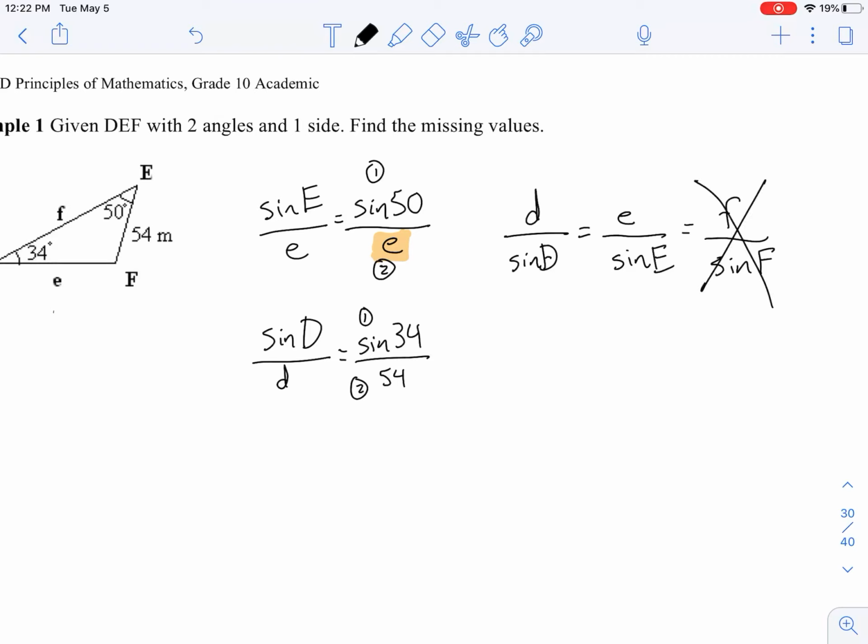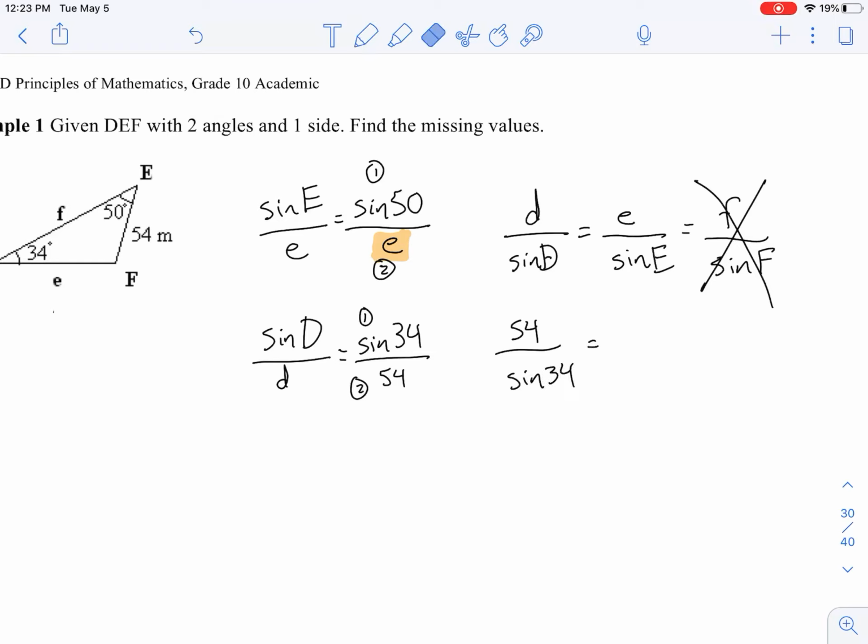So D over sine D, I know this is 54 meters over sine 34. This is what we call a complete ratio. I have the numerator and I have the denominator. So I'm going to label those in green because you're always going to use one complete ratio. And this is the definition of having a complete ratio, top and bottom.